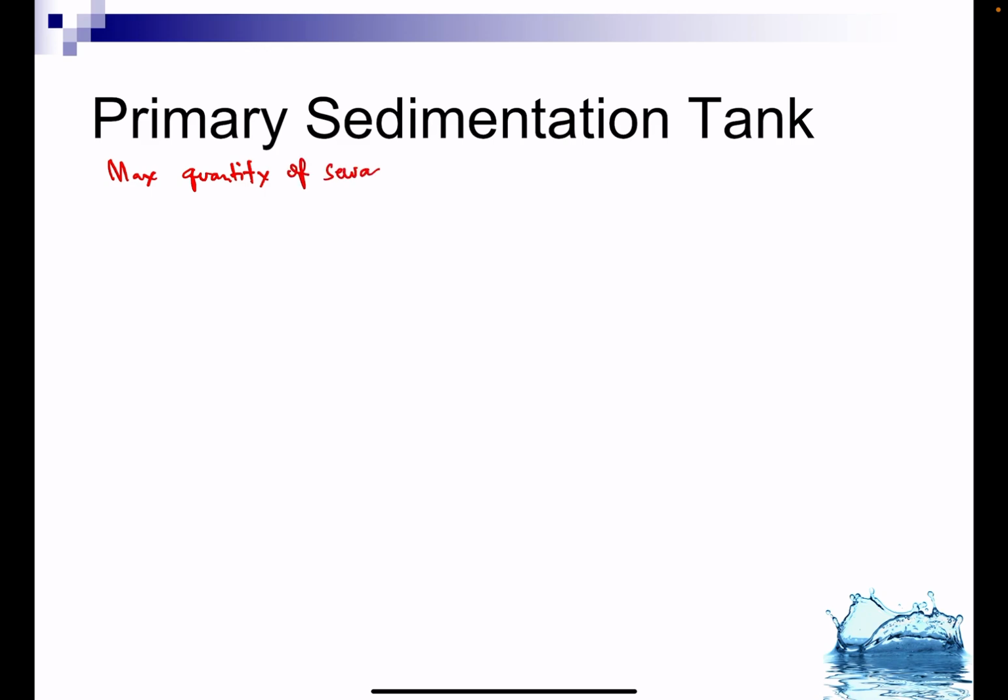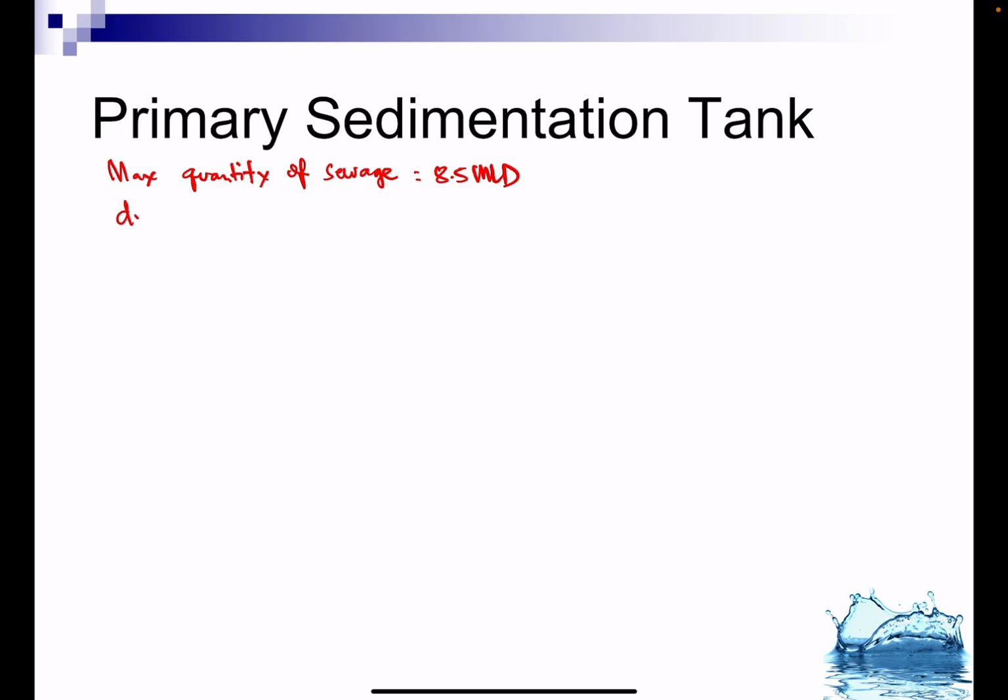If you assume that it's 10 MLD times 85%, you get 8.5 MLD. This is just for the calculation process. Your surface loading or overflow rate, you assume, for example, 60 cubic meter per square meter per day.